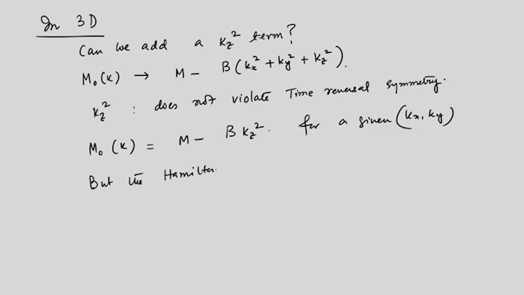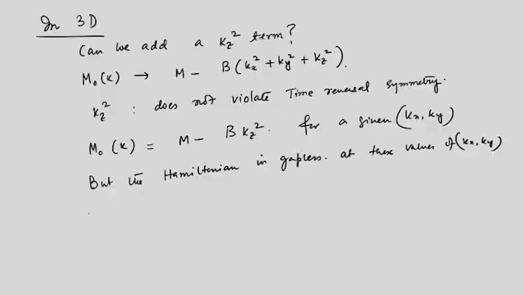So the Hamiltonian is gapless, whereas you want gapped values. So the Hamiltonian is gapless at these values of kx, ky, right? Because if you put kz equal to 0, the gap goes to 0, but you want the Hamiltonian to be gapped at every point in the Brillouin zone.